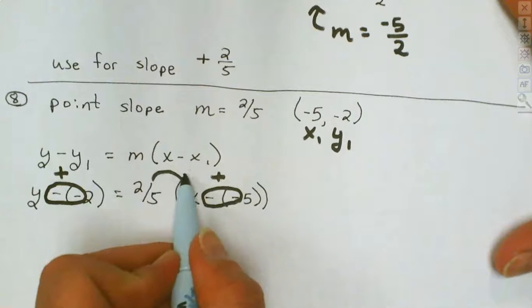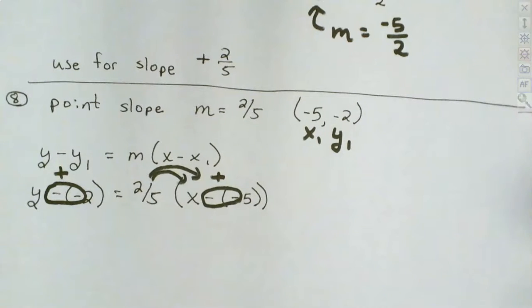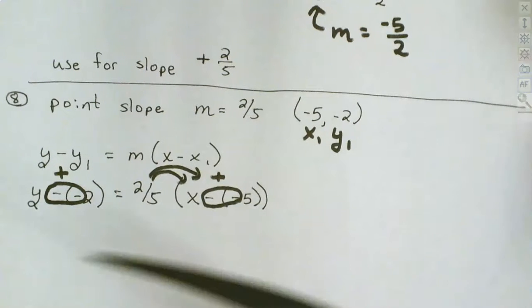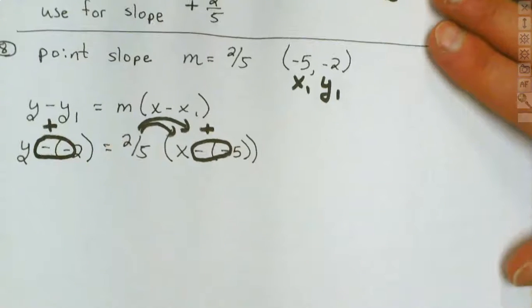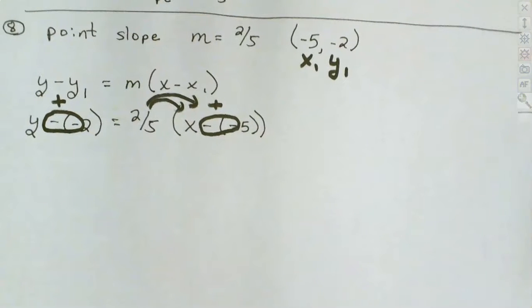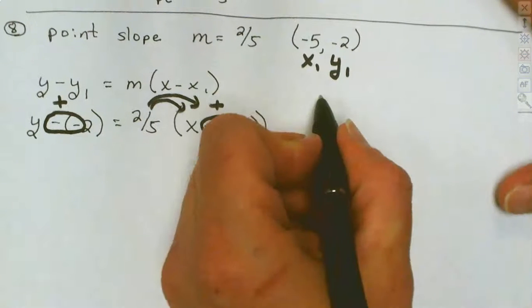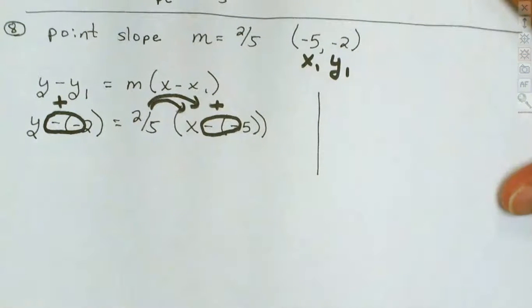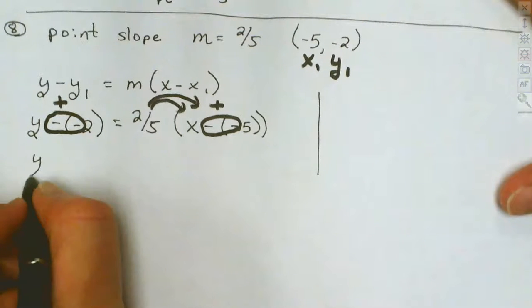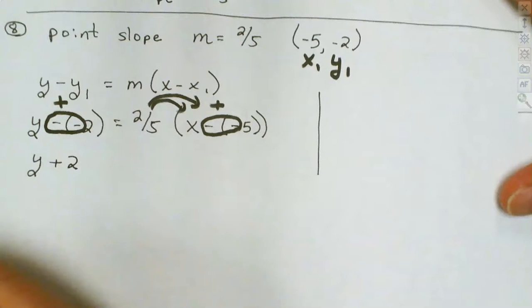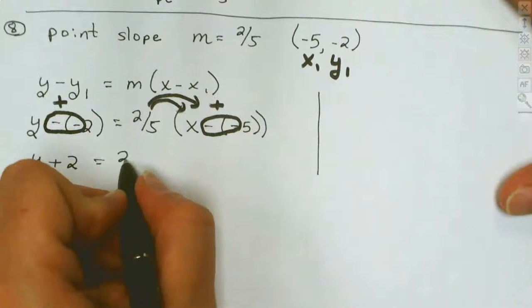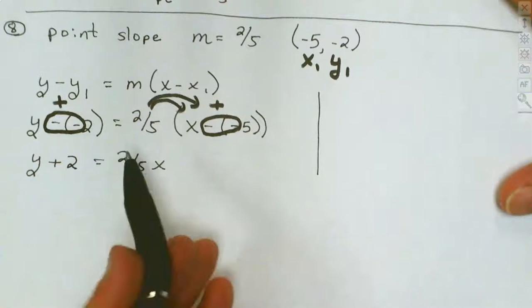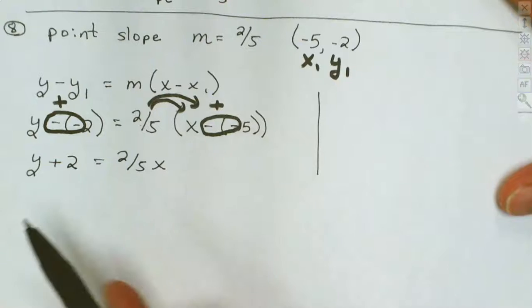And then we'll distribute that 2/5 through. So let's go ahead and do that. Now the fraction on that 5, and we distribute it through with that 2/5, it's going to go away. So to save us from clearing the fractions, we're going to distribute through. So that's y plus 2 on the left-hand side. And then we've got 2/5 x. Let's go ahead and distribute through here and see what we get.